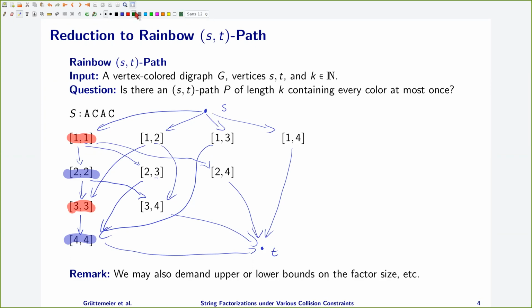This string AC occurs also from position 3 to 4, so these get the same color, and all other strings occur only once, so they get their own private color if you want.